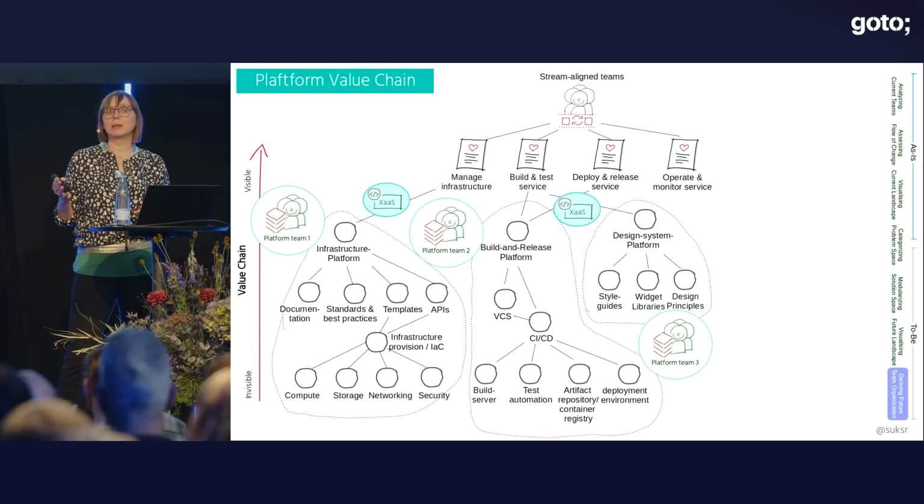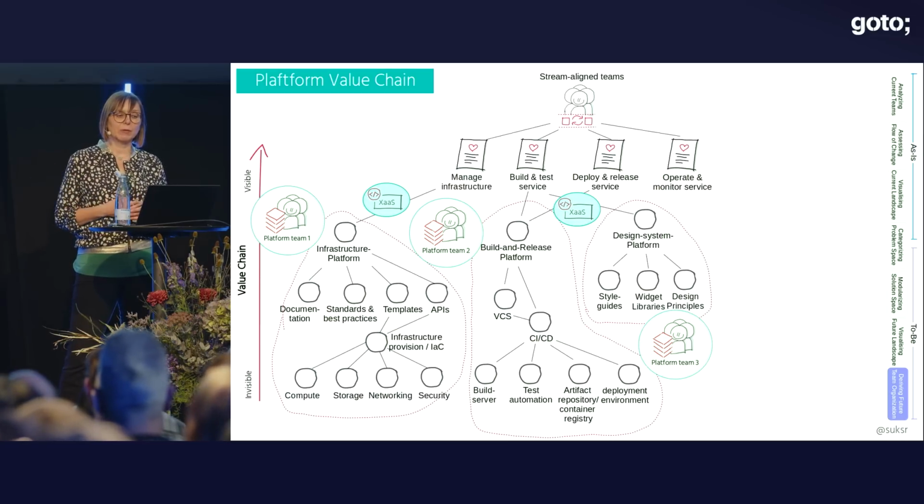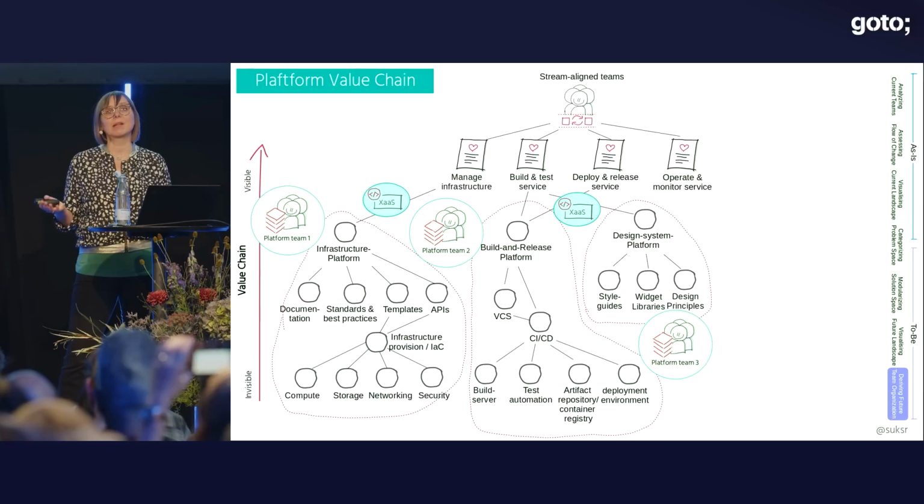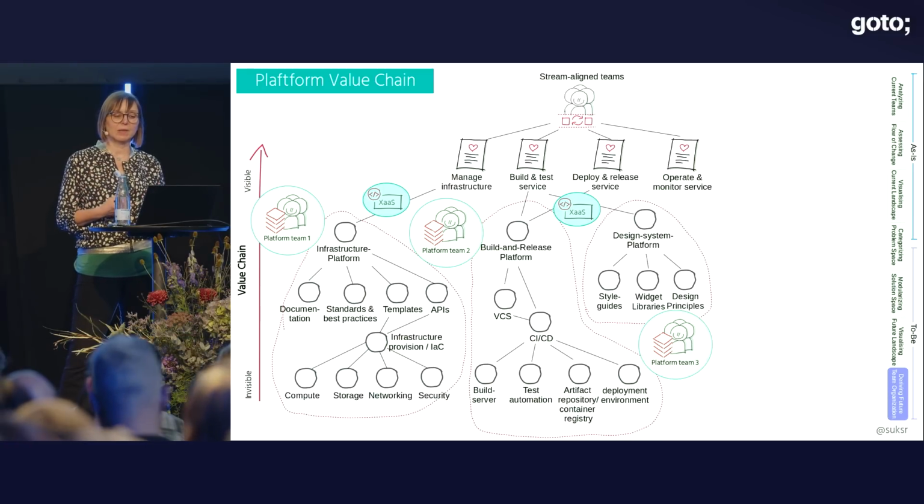And as mentioned earlier, a platform can vary in its level of abstraction. So at a higher level, a platform can also reflect a design system that is there to achieve a consistent, well-defined visual language at scale, and the teams owning this design system can then provide style guides, standardized design principles, widget libraries, and more.